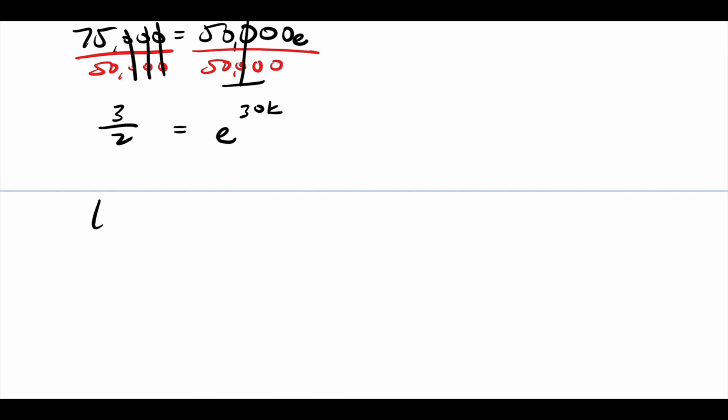So the natural log of 3 over 2 equals 30k.